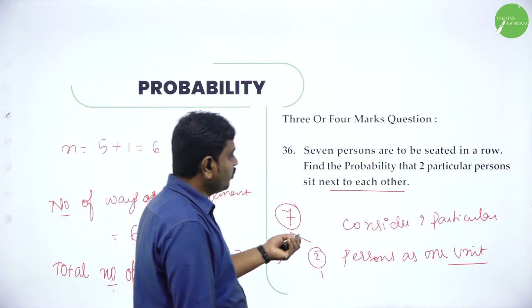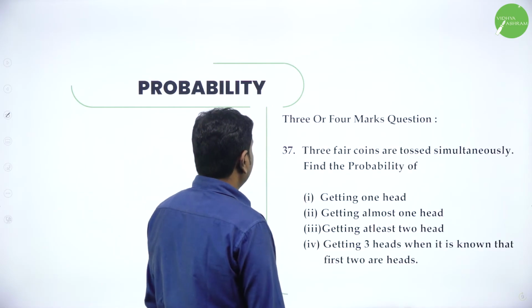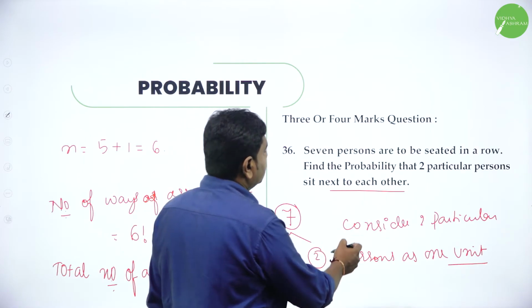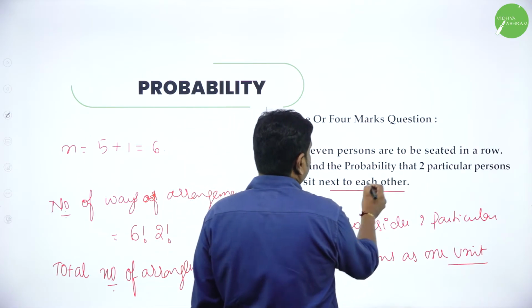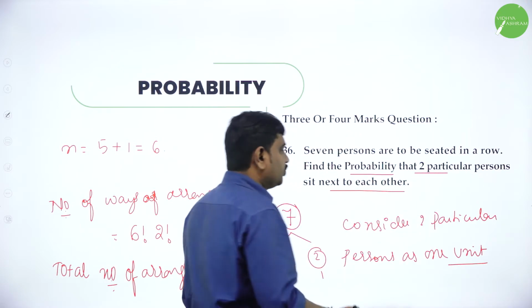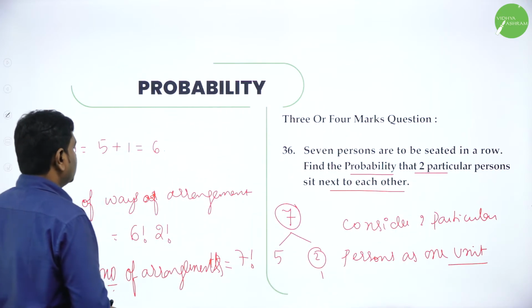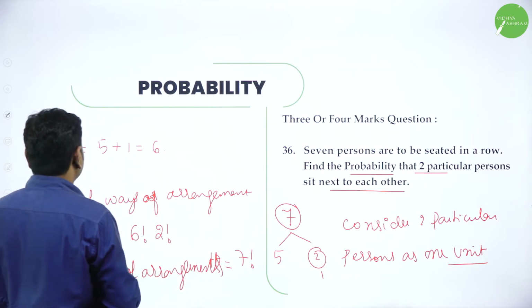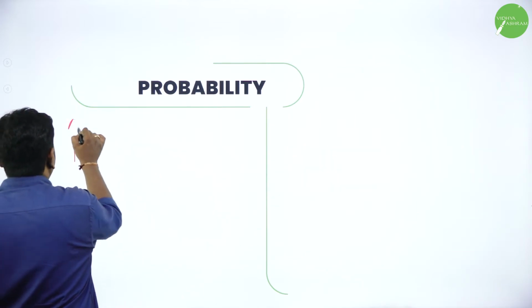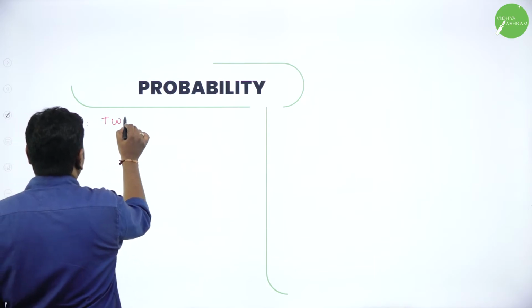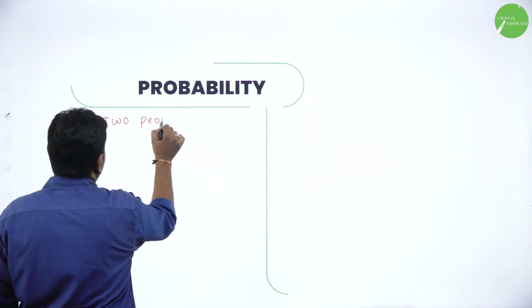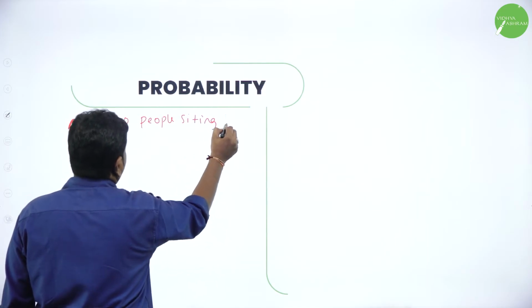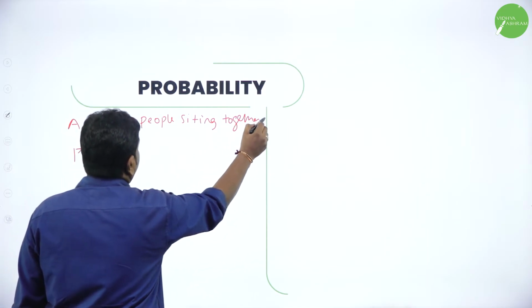So now they want you to find the probability of what? Find the probability that 2 particular persons sit next to each other. So A is 2 particular people sitting together.